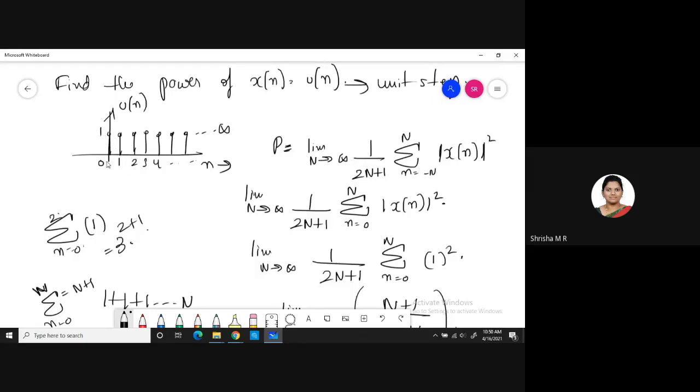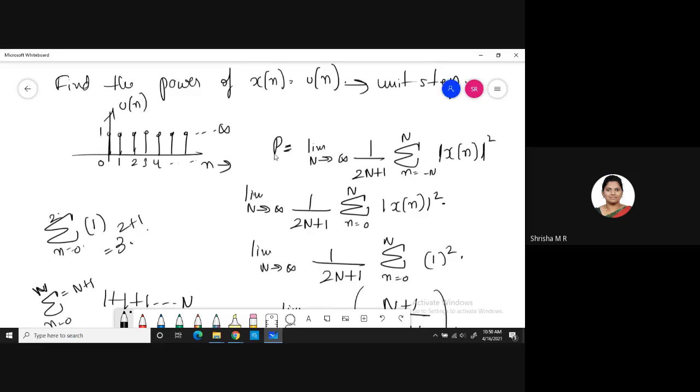From 0 to infinity, the amplitude of each sample is 1. This is our unit step signal. So we have to find the power of a non-periodic signal, which goes up to infinity. It doesn't converge to a finite value.